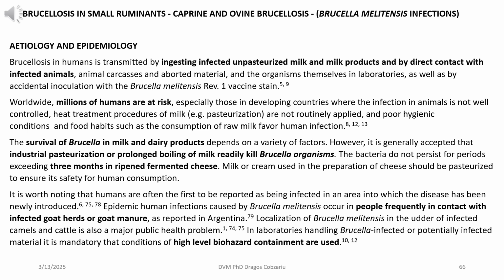Brucellosis in humans is transmitted by ingesting infected unpasteurized milk and milk products and by direct contact with infected animals, animal carcasses and aborted material, and the organisms themselves in laboratories, as well as by accidental inoculation with the Brucella melitensis Rev 1 vaccine strain.